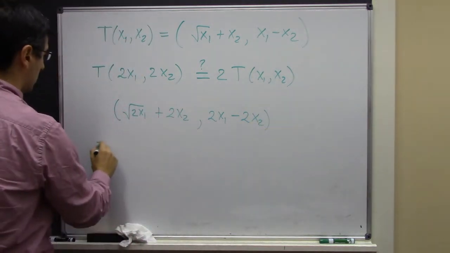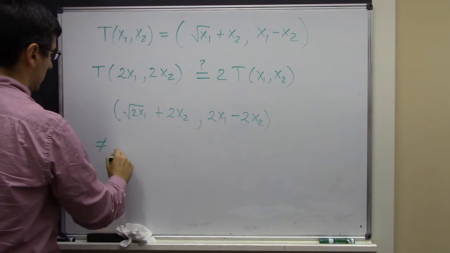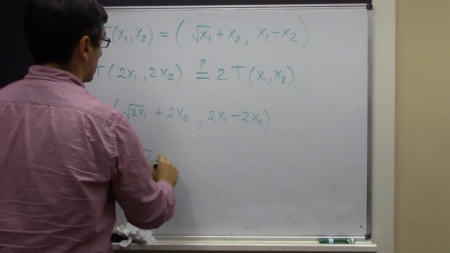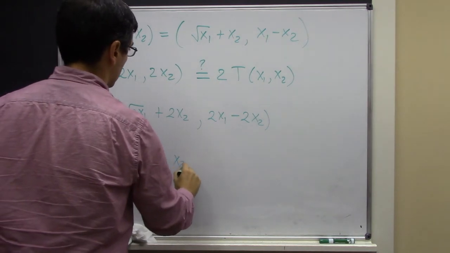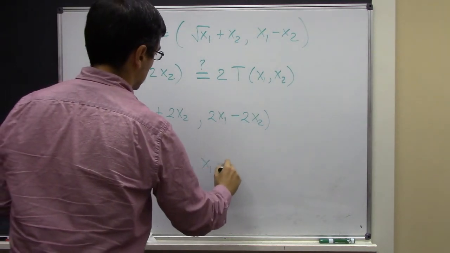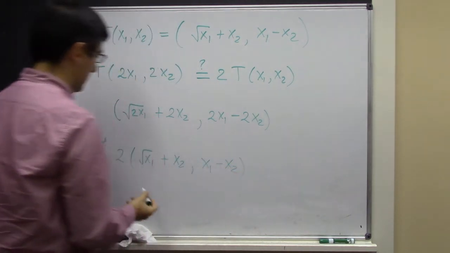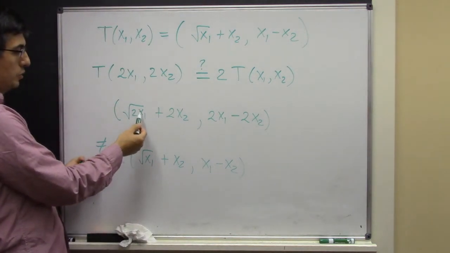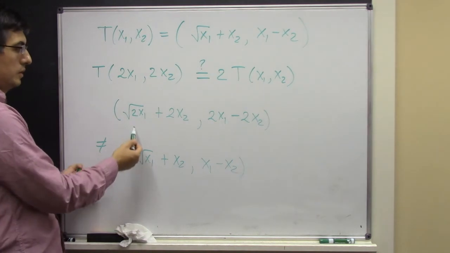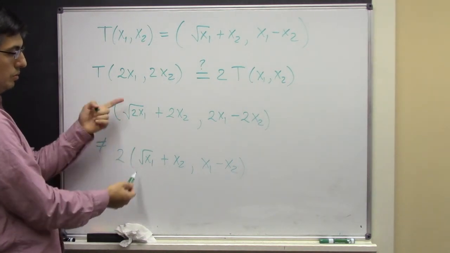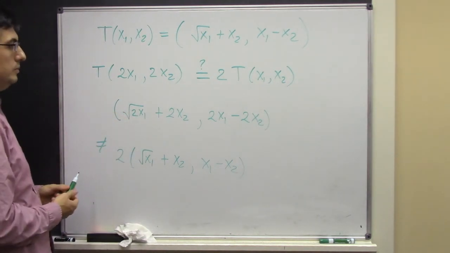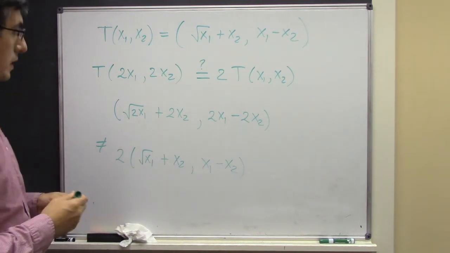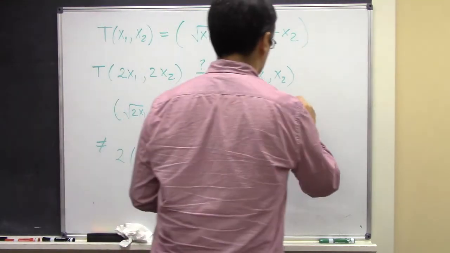And this is not equal to 2 square root of x1 plus x2, x1 minus x2, because what you get is the square root of 2 times x1. So these two formulas are not the same. Right, so this is not linear.